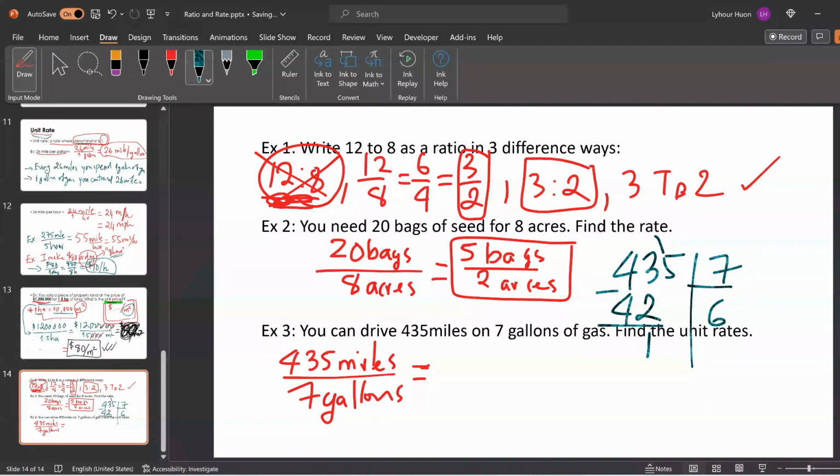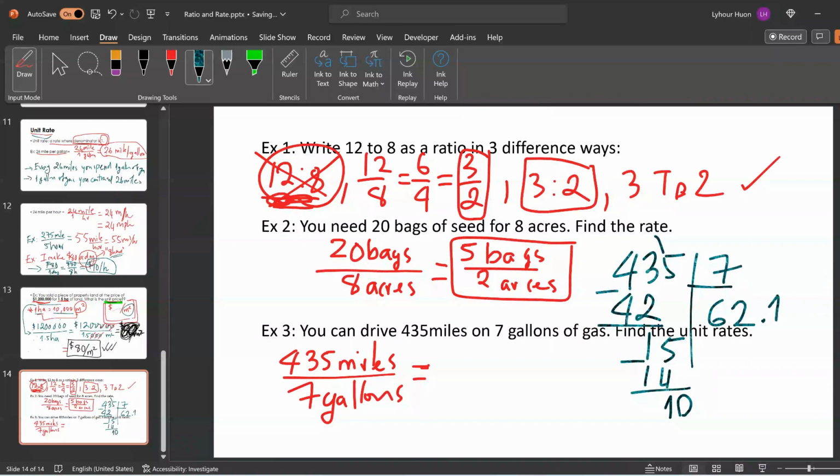So we have 1 and 5. Then we subtract 15 minus 14, which is 7 times 2. We have 1. Now, 1 is the remainder, but we have a decimal, so we add 0. Correct? We add 0.